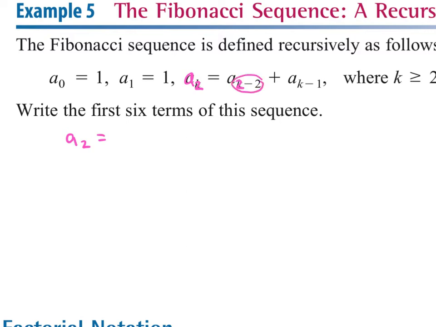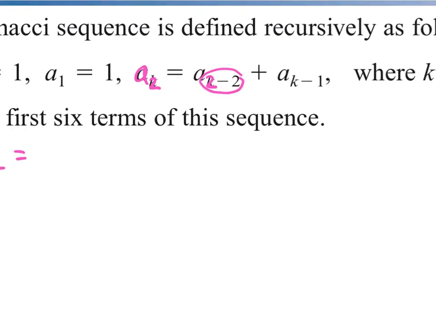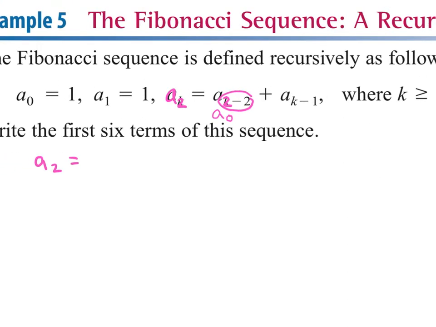Which term is this asking us for? 2 minus 2 is 0, so we plug in a sub 0 here, which is 1. And then we plug in 2 for this k also, so this is asking us for a sub 1, which is also 1. So a sub 2 would just be 1 plus 1. So what does that give us? 2. Good job, guys.